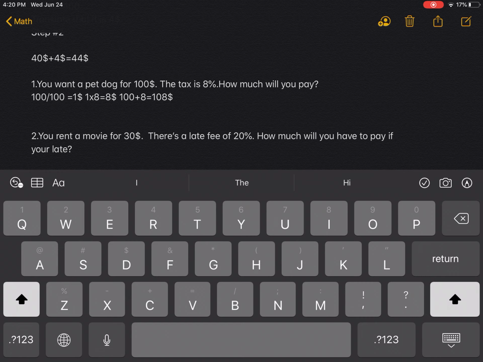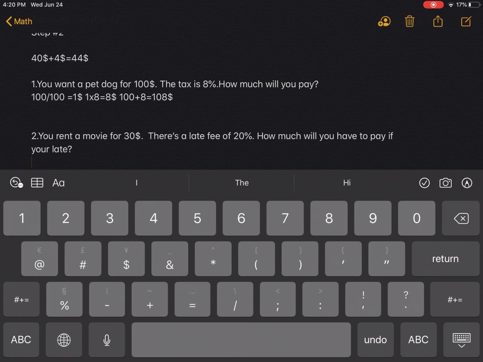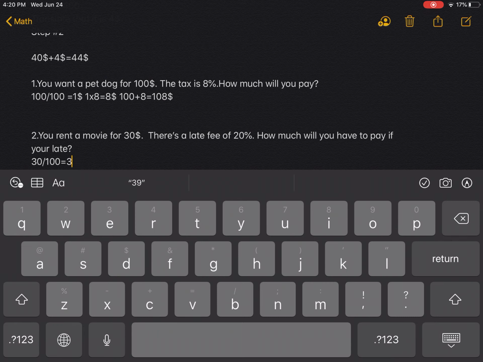Okay, so let's go over problem number 2. So you rent a movie for $30. So you do 30 divided by 100. Okay? So that's going to be 30 cents.